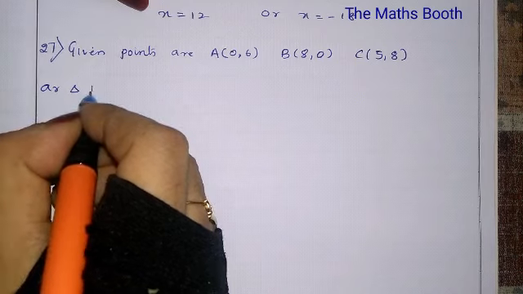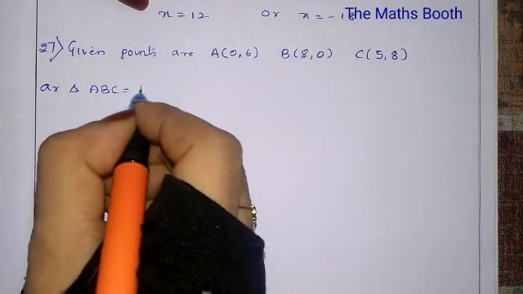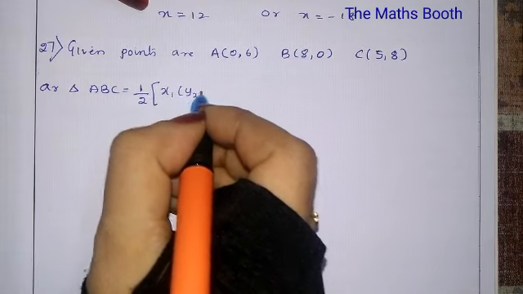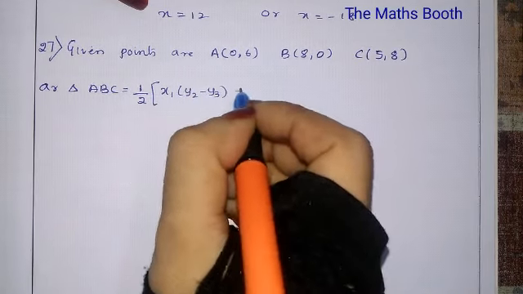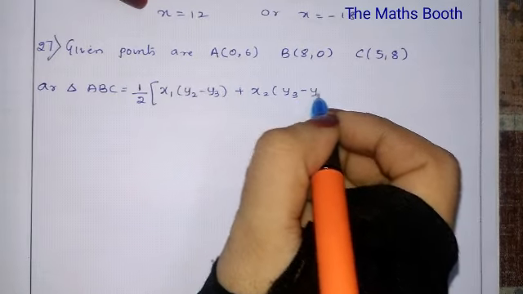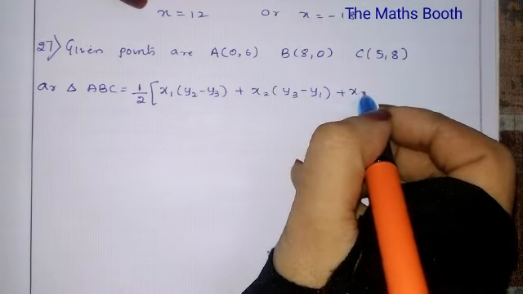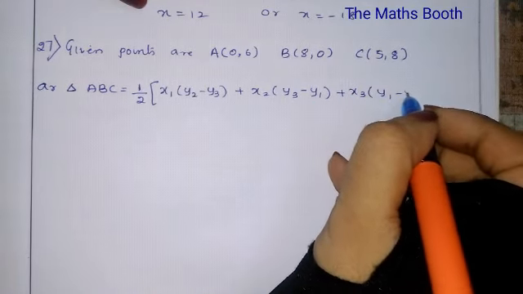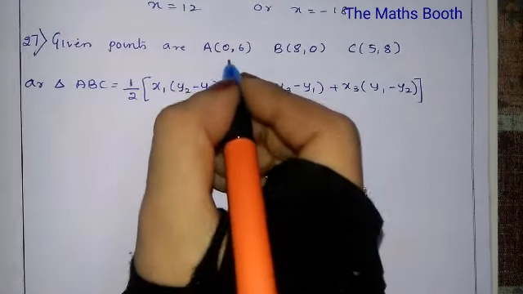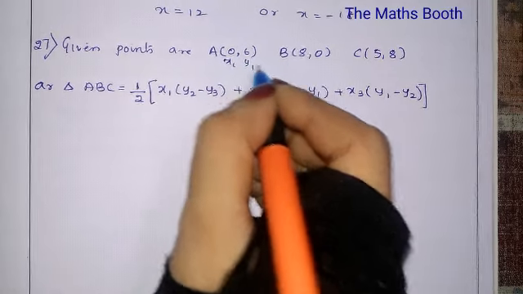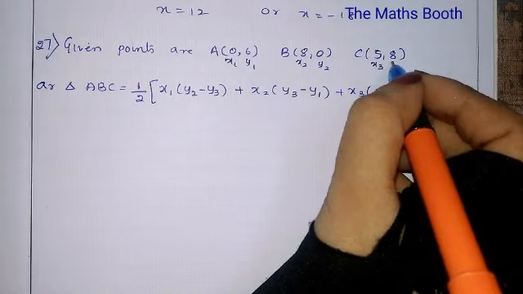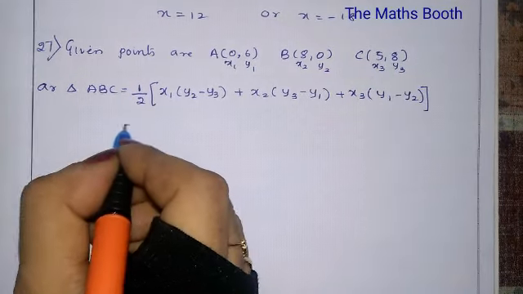Area of triangle ABC is equal to half into x1 (y2 minus y3) plus x2 (y3 minus y1) plus x3 (y1 minus y2). This is the formula for area of triangle. This is x1 y1 the first point, second point x2 y2, third point x3 y3. Let us substitute now.